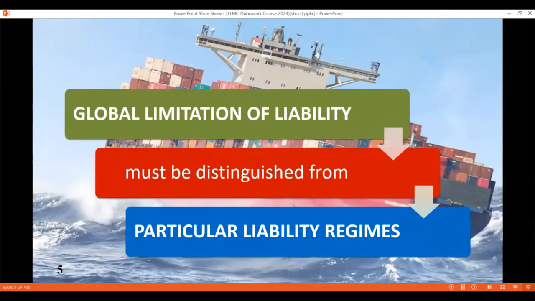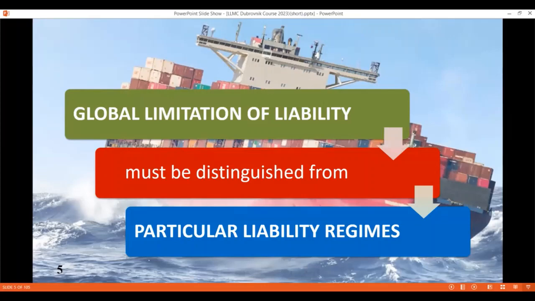Now, my colleagues will be speaking about specific points, but I will be talking about what we call global limitation of liability. Global limitation of liability must be distinguished from what I call particular liability regimes. Why that distinction? Because the LLMC convention, which we will discuss now, is exclusively a limitation of liability convention. It doesn't tell you who is liable or what the bases of liability are.